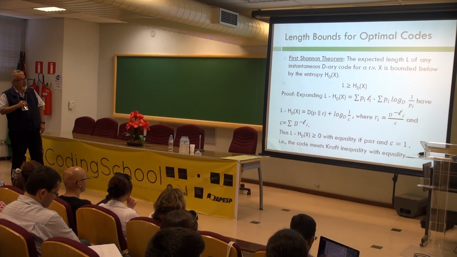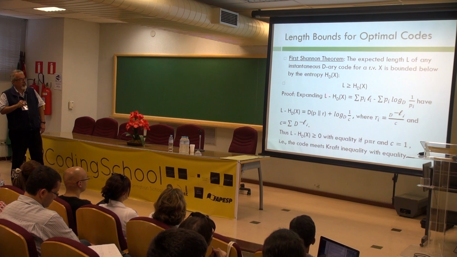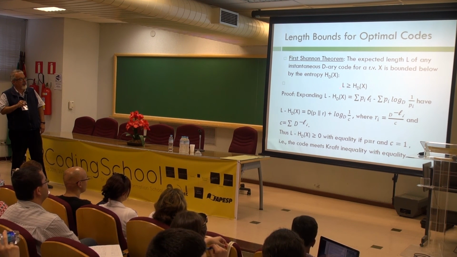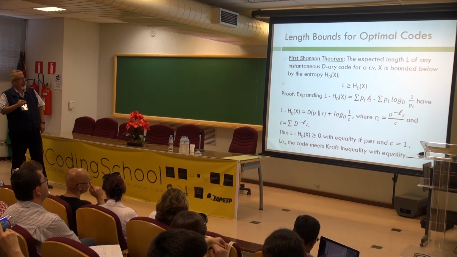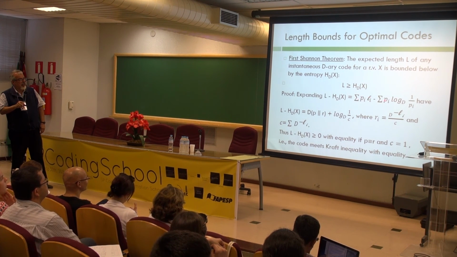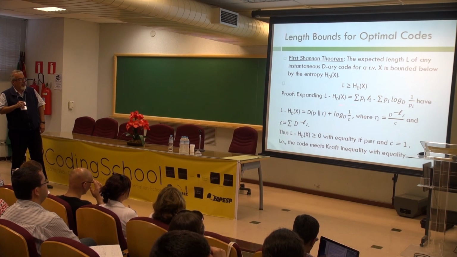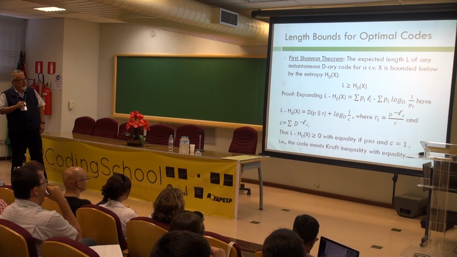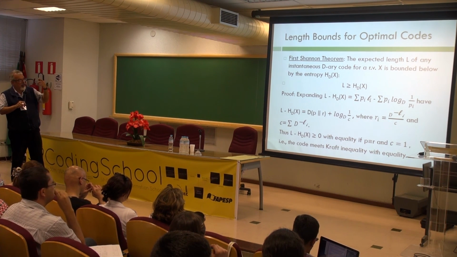So the proof of this is interesting because we can expand L minus the entropy. What is L? L is the average length, the expected length. So that's the summation of Pi Li. That's exactly this. And here's the entropy. Now, Li can be written as D to the minus log of Li.